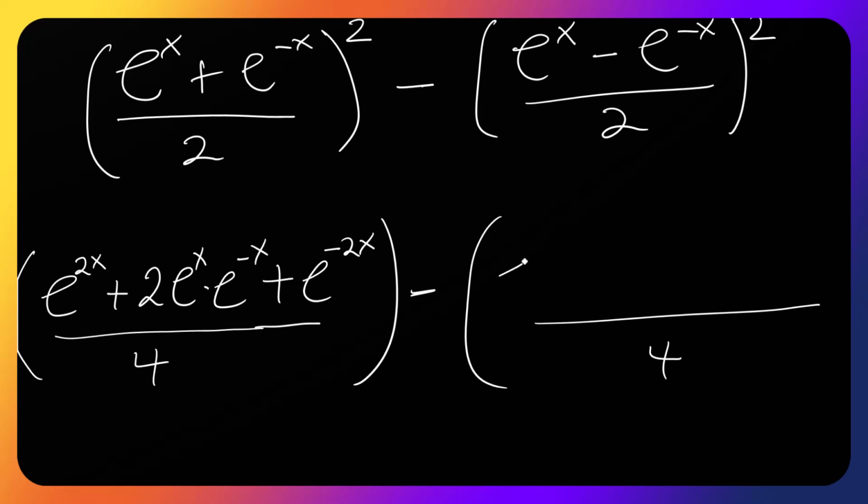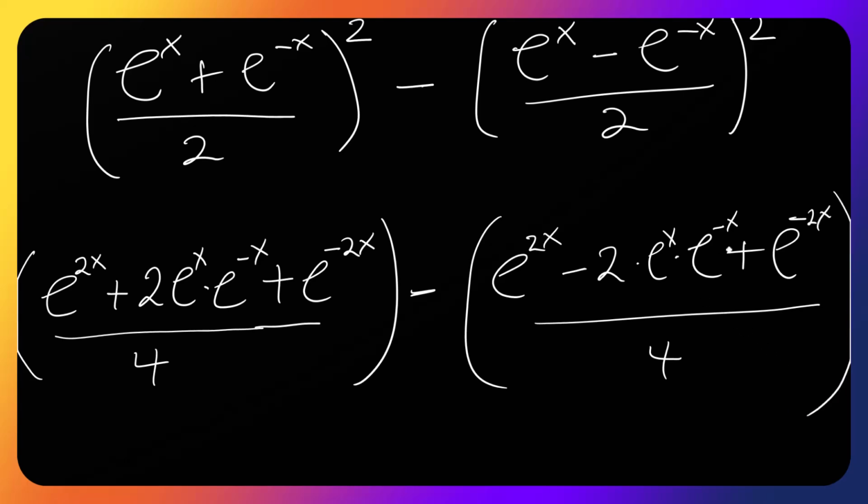So we have the first term, e raised to 2x, minus 2 times e raised to x times e raised to minus x, and this one squared, plus e raised to minus 2x. As simple as that.